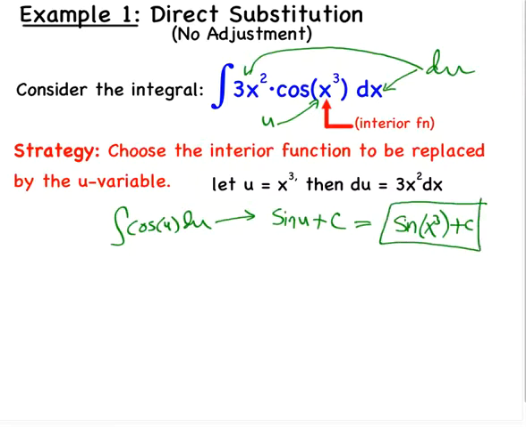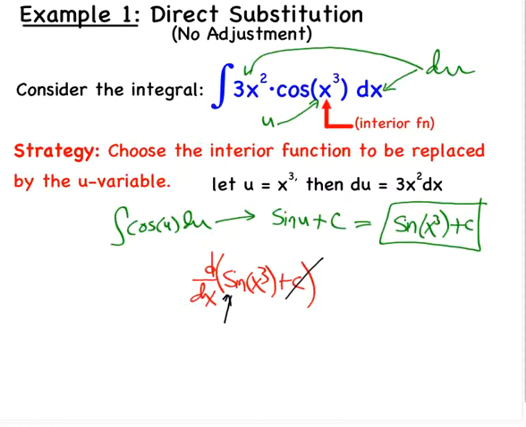Again, if we wanted to check this answer to see if it gives us back the original function we started with, we would use the derivative. We understand that the derivative of a constant is 0, so we don't even need to look at that part. But we look at the sine of x cubed. Remember, we have to use the chain rule. So there's the outside function's derivative.